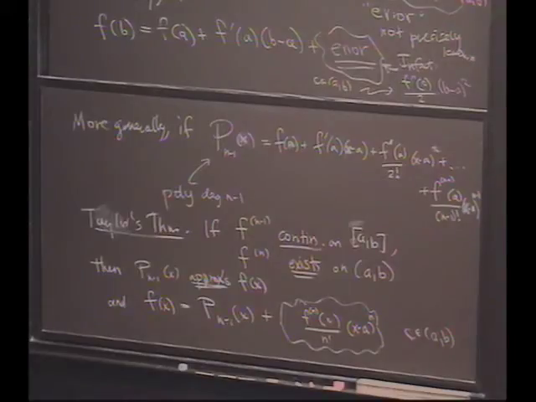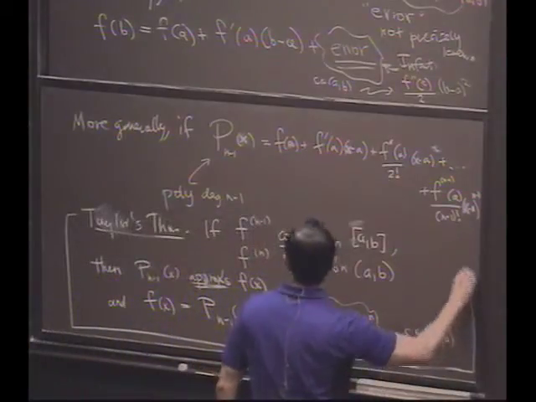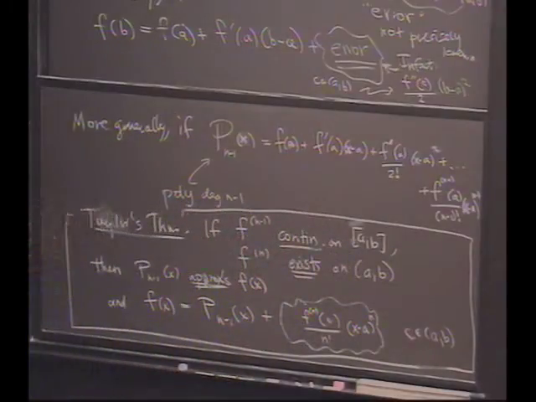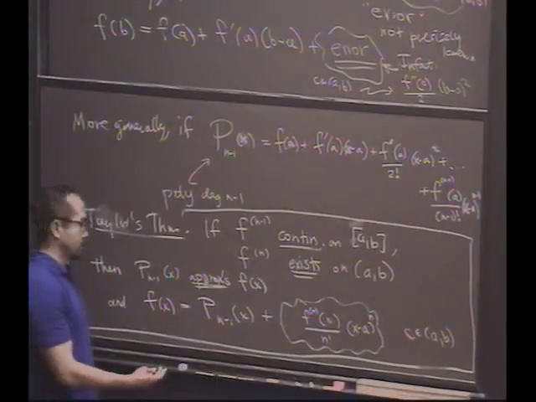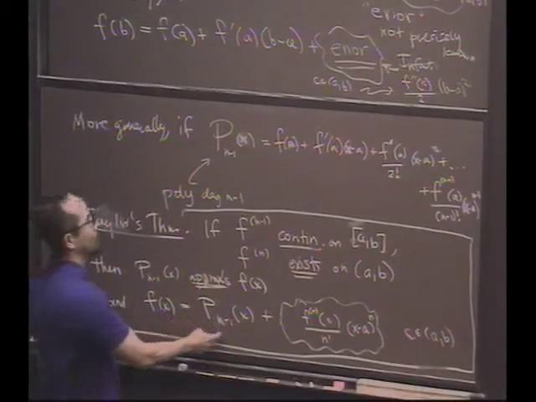Okay, so let's just step back a second. What does this theorem say in the case that n is 1? Can you prove this theorem in the case n equals 1? Yes, what is it? So what's P0?